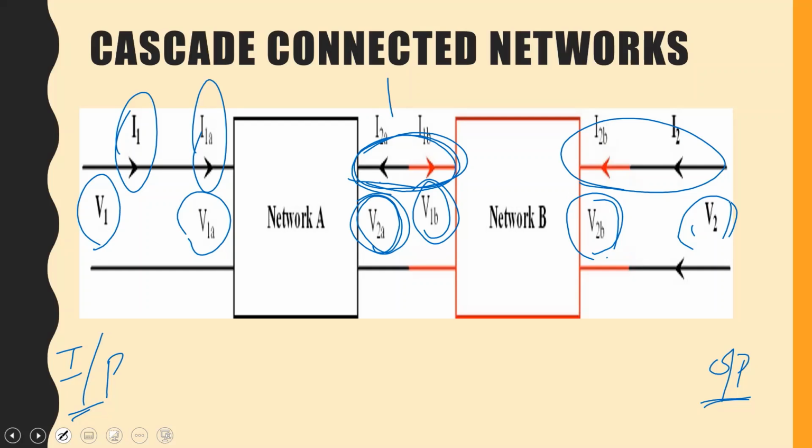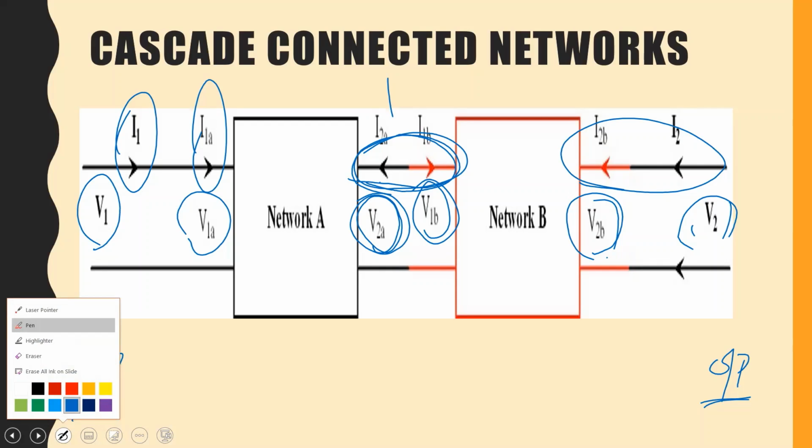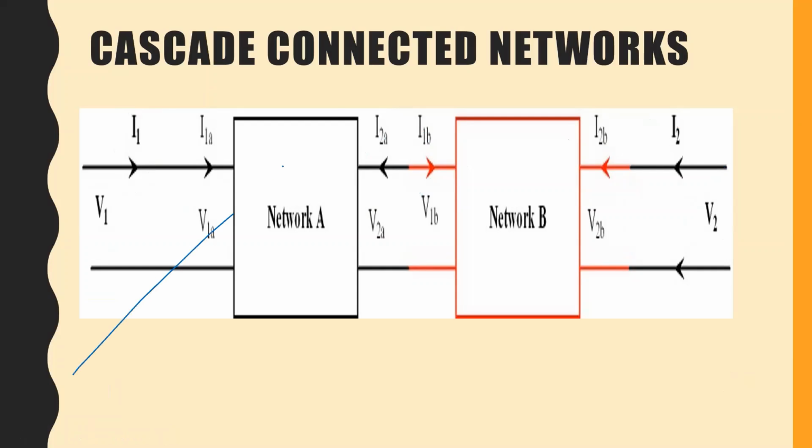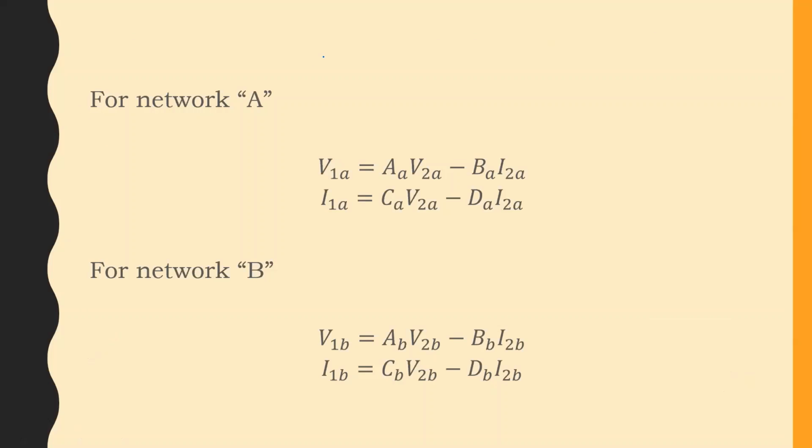For cascade connections, and I hope you're hearing me because the rain is pouring outside, for cascade connections, we use the transmission parameters, all right? So we write the transmission parameters for both networks as shown.